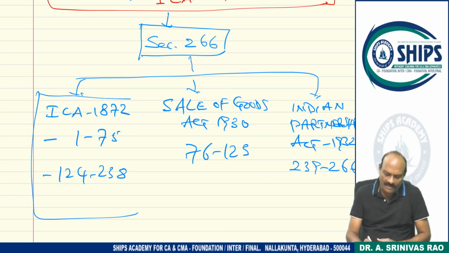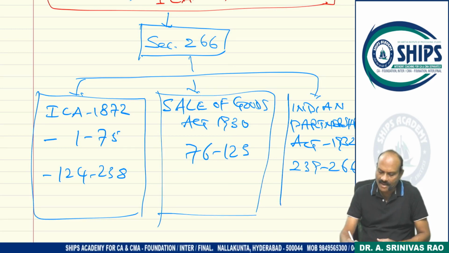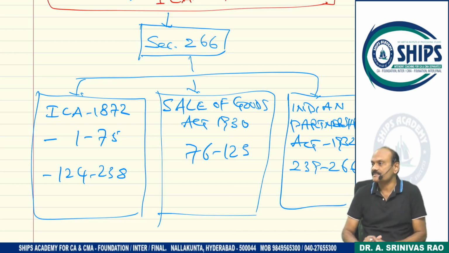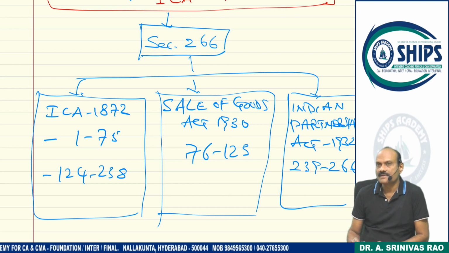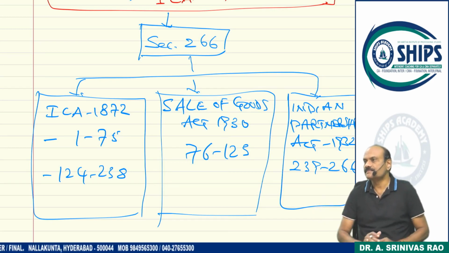Same Indian Contract Act sections were segregated and enforced as 3 separate legislations, only for administrative convenience. We want to implement the Indian Contract Act most effectively, efficiently. So they divided it into 3 parts.